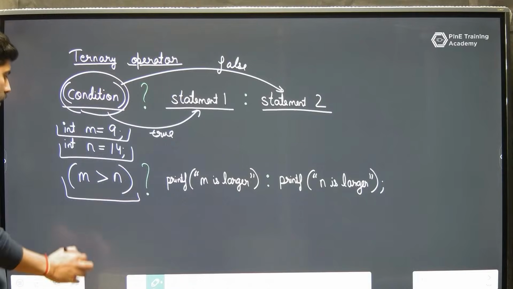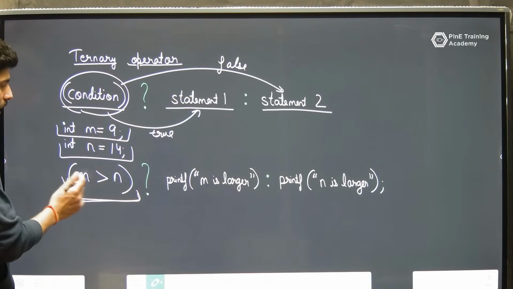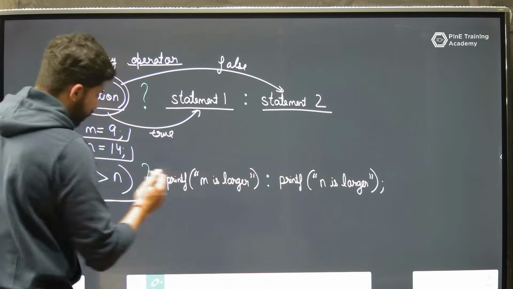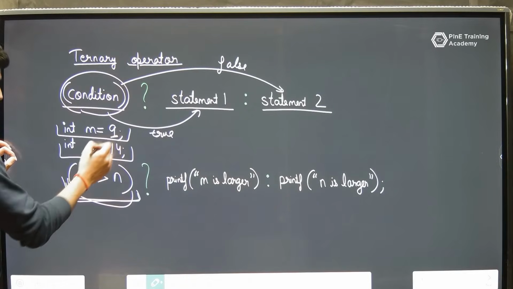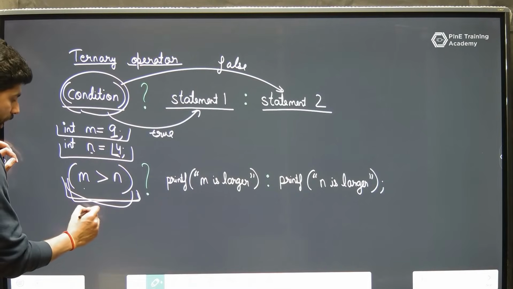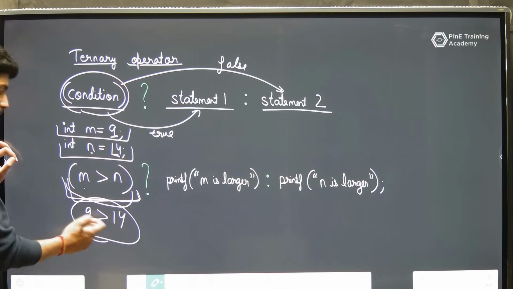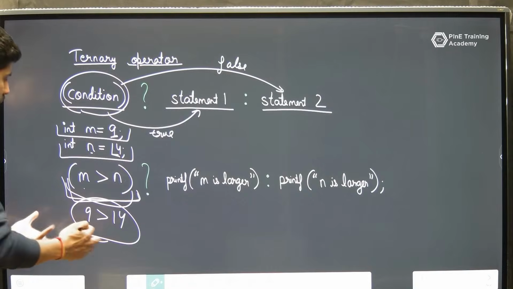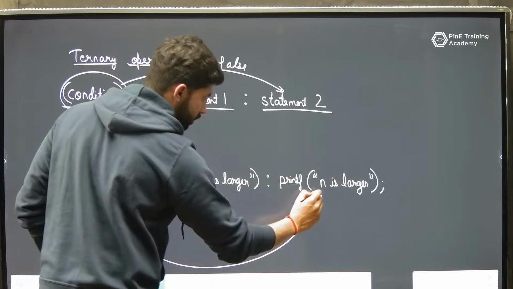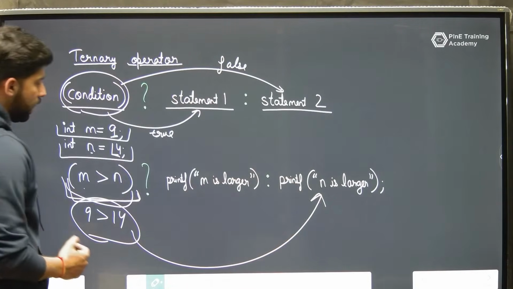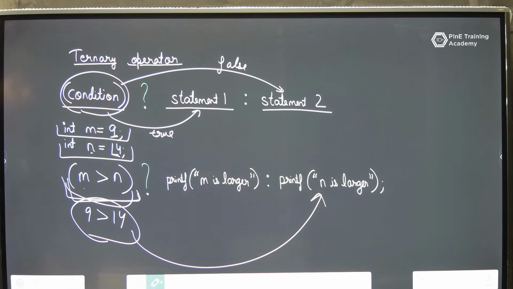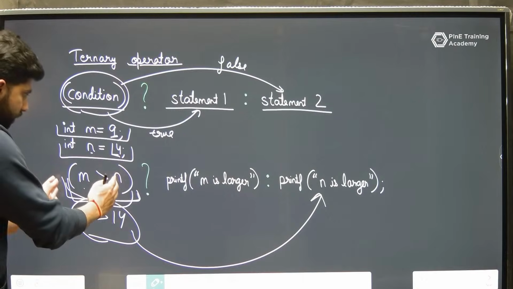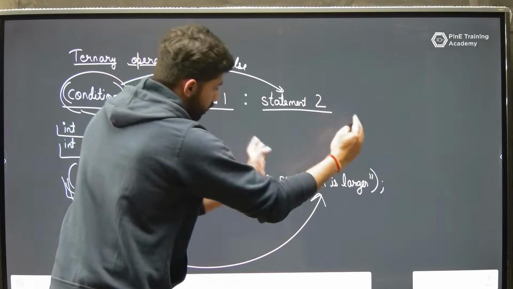So if m is greater than n and the condition is true, this will run. If it is false, this will run. Here m is 9, n is 14, so 9 greater than 14 is false, and since this is false, it will go to the statement after the colon and print n is larger. So condition, code 1, code 2.